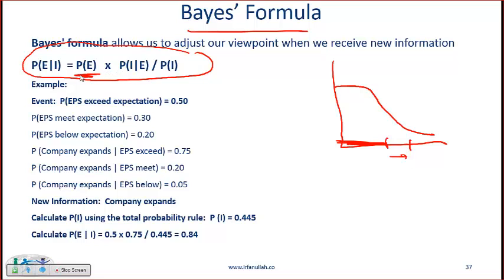By multiplying the original probability of the event by probability of information given event divided by the unconditional probability of the information. Very often you will not be given this, but you will have to use the total probability rule to come up with probability of information. And typically this will be given and this will be given.